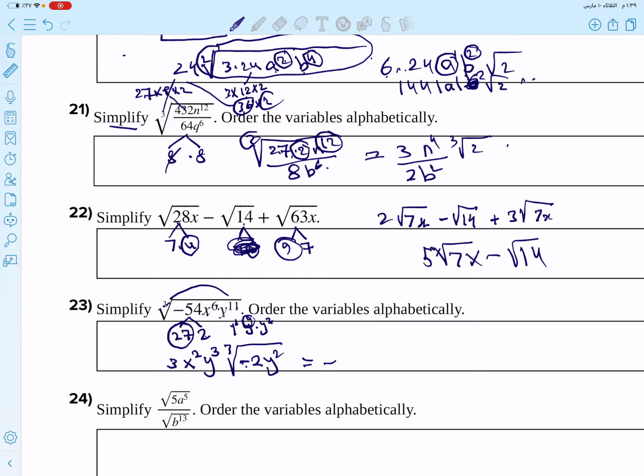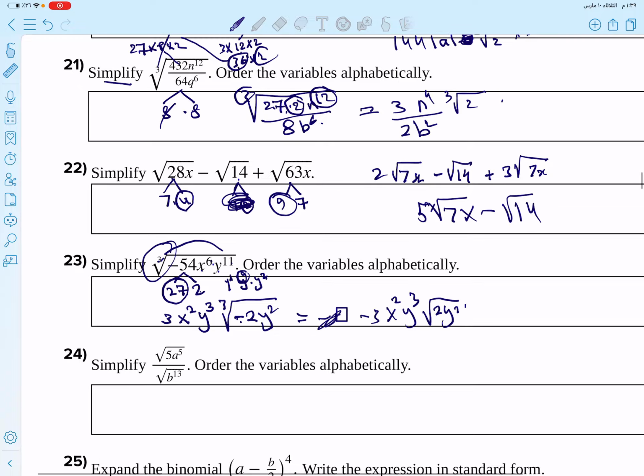So negative 3, negative 3, x to the power 2, y to the power 3, and the cube root of 2y squared. I don't need absolute value here because the index is odd.